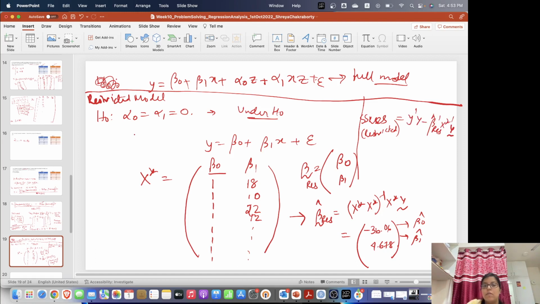In order to find the sum of squares due to residuals from the restricted model, you need to find the beta hat for the restricted model, and then just use this formula with the revised model matrix and revised beta hat estimates. If you compute this, you would get something like 69.08413.